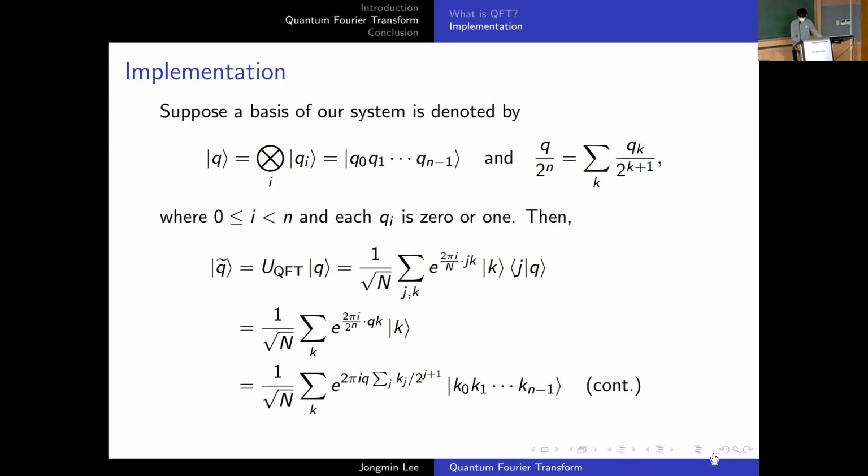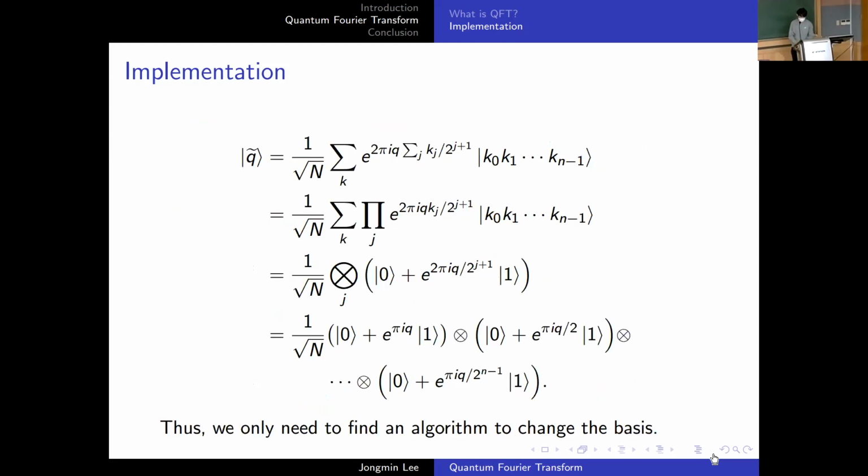So the summation is about j only, without the q term. So we can put it in the formula, and I expanded it in binary form in the next equation.